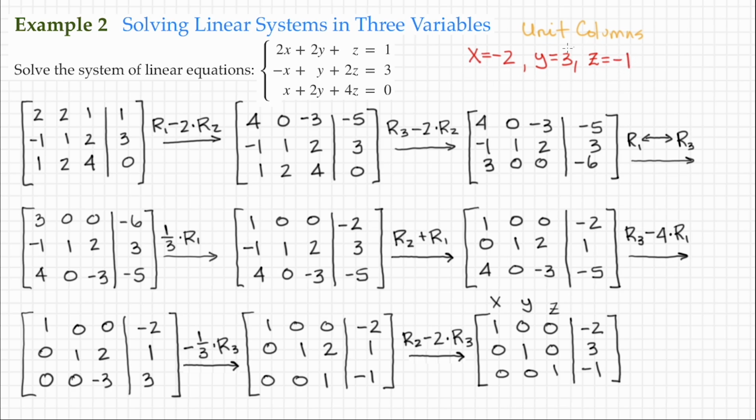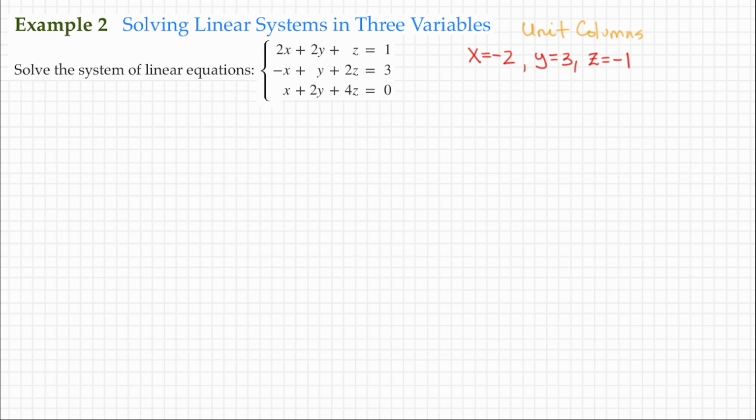So if this is the solution to this system here, then if we plug in these values of the variables into each of the linear equations here, it should satisfy all of them. So we'll go ahead and we're going to check that. So we'll take the first equation here. 2 times x, and of course x is negative 2. 2 times negative 2.